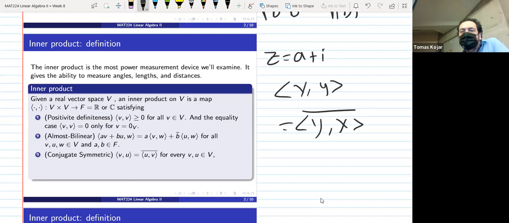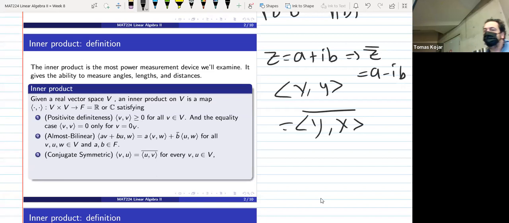So this is a plus ib, and the conjugate is what? And our field will be the reals or complex. You cannot use a finite field. What's the conjugate of a finite field? So now you see why we are all interested in these two.